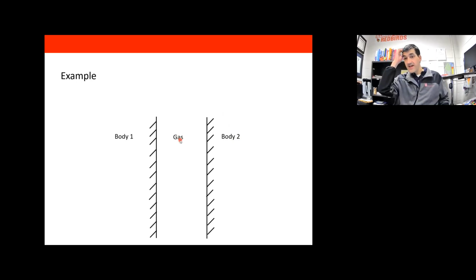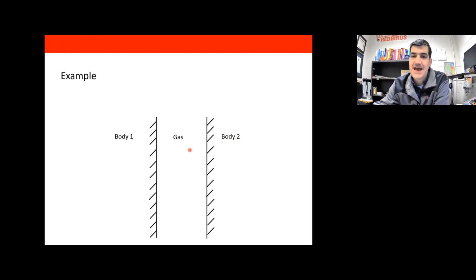So what are we going to have here? Well, it depends on the problem, and I'd have to give you more information. But you're probably going to have radiation heat transfer in parallel with conduction heat transfer through the gas, if the gas is not moving.